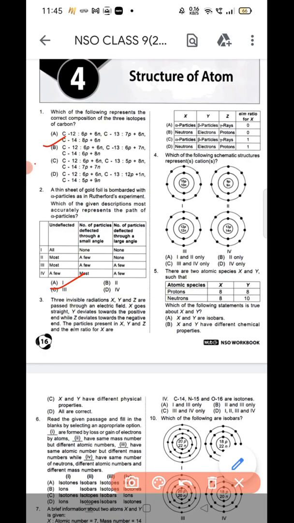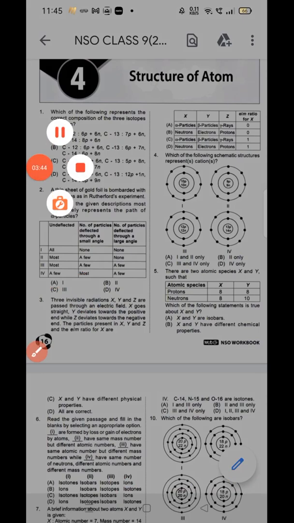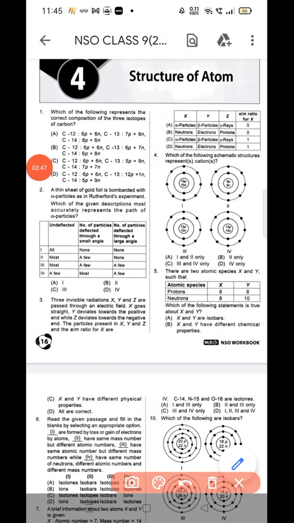Next we will see: three invisible radiations X, Y and Z are passed through an electrical field. X goes straight, Y deviates towards the positive end while Z deviates towards the negative end.